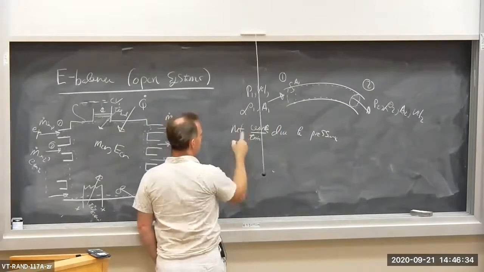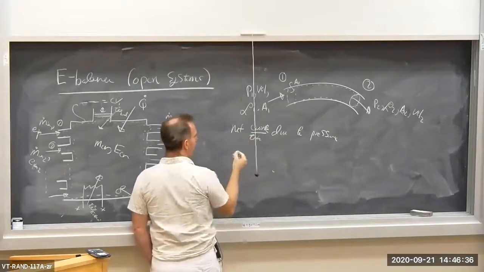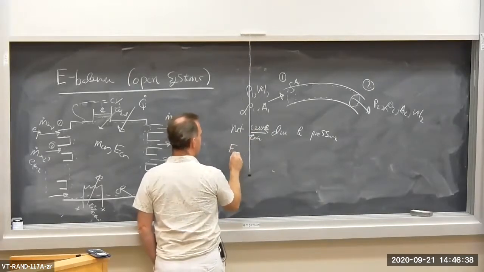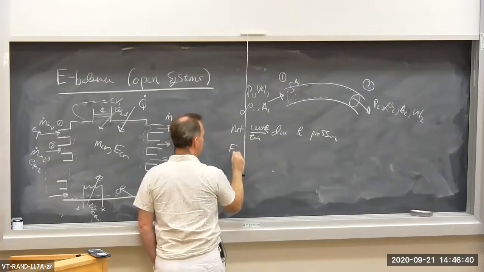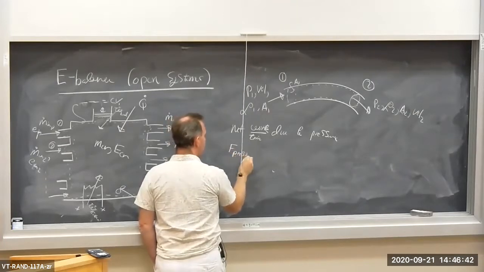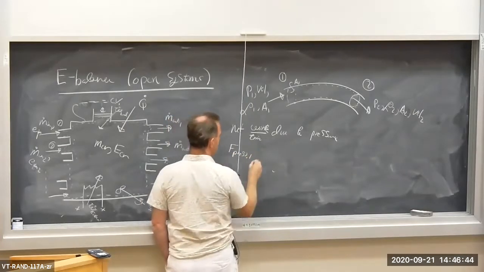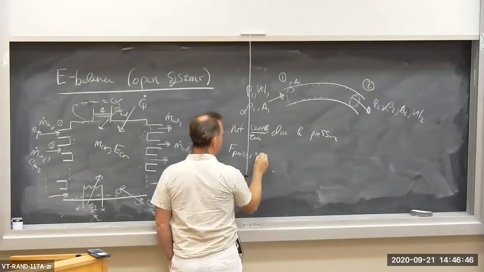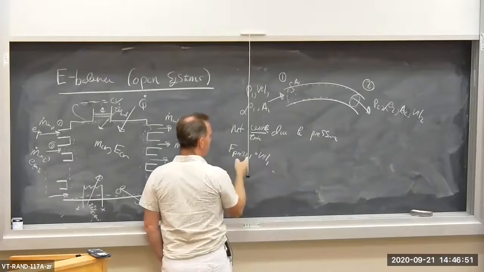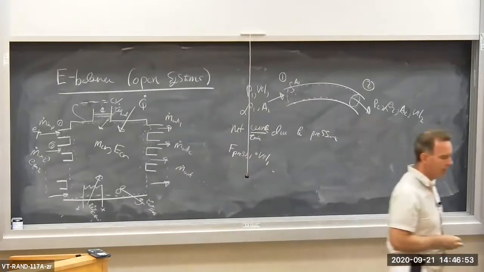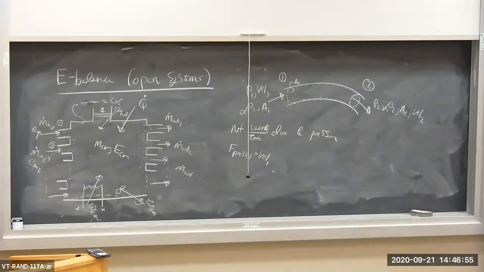So on the left-hand side, I have a force due to pressure, F pressure 1, times a velocity, VEL1. A force times a velocity gives me power or energy per unit time.